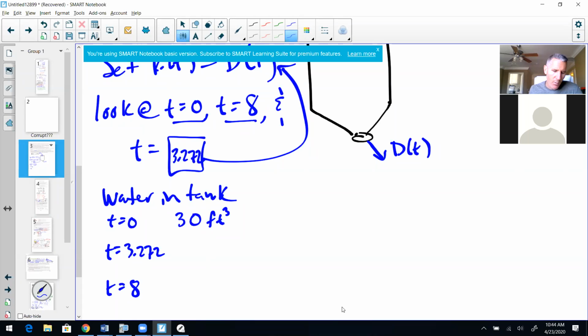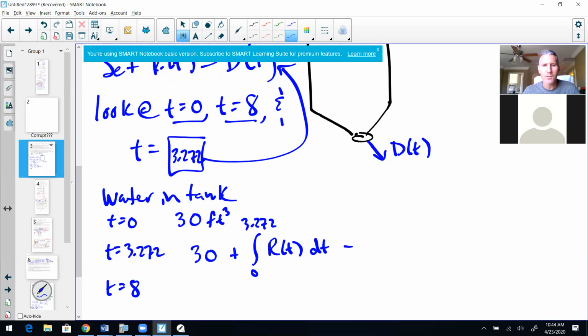Well, at t equals any value other than 0, the amount of water in the tank is going to be that initial amount plus the integral from 0 to 3.272 of R of t dt, because that's how much water entered the tank.